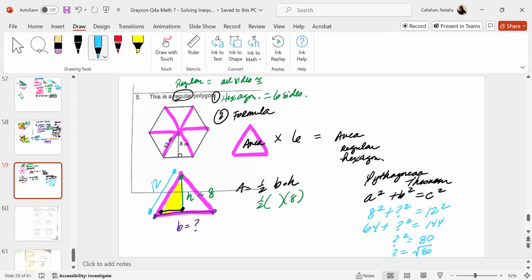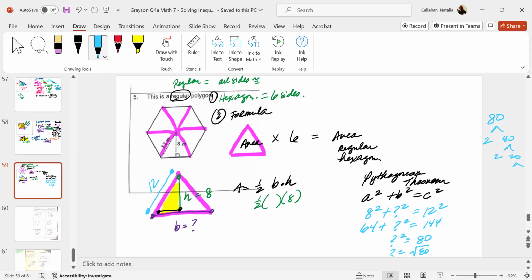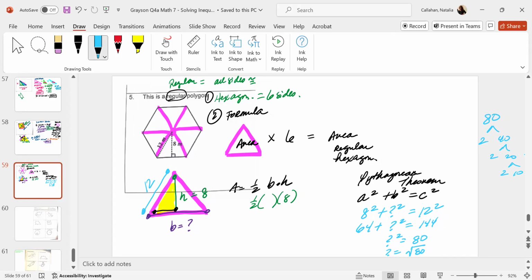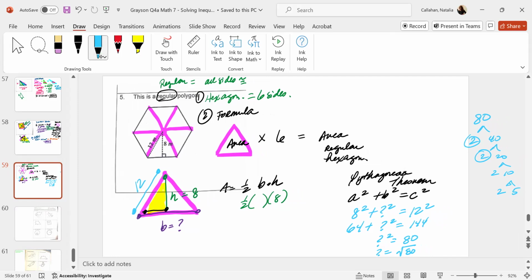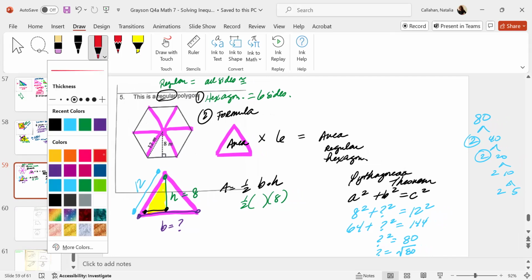Square root of 80. Okay, now you gotta reduce that, like simplify it. Like 2 times 40. Keep going. I have 2 sets. 2 times 2 is what? 4. So you can take 4 out, correct?